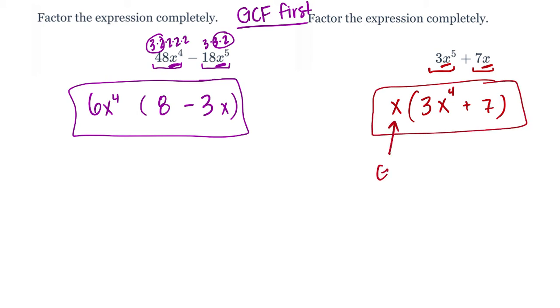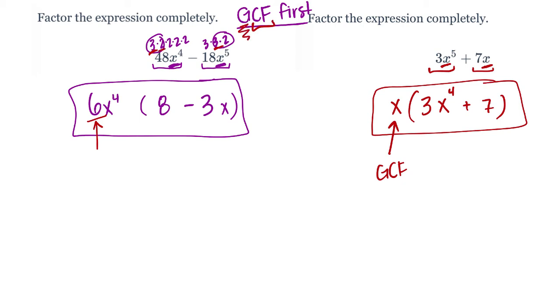This is my GCF, but remember, your GCF is still part of your result. Sometimes students may think that these both have a 3 in common, so let me take out a 3. And that's a common factor, but it's not the greatest common factor.